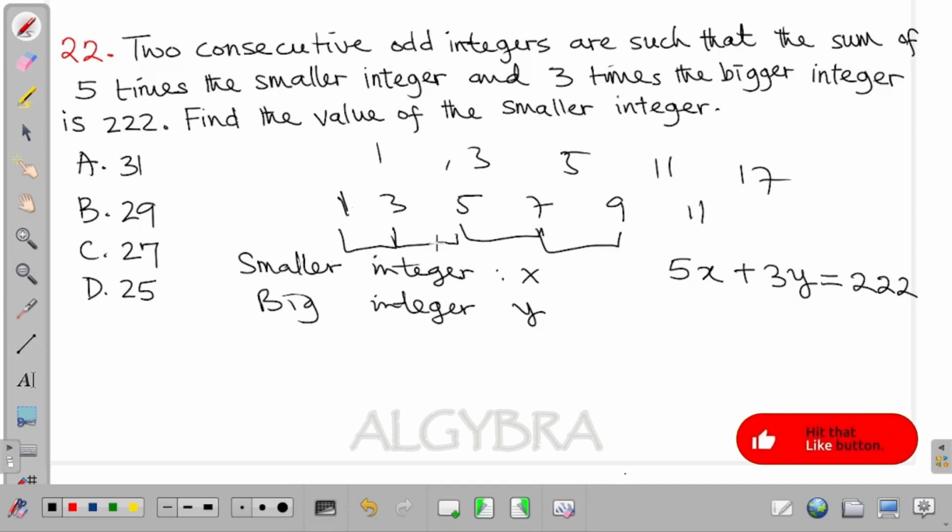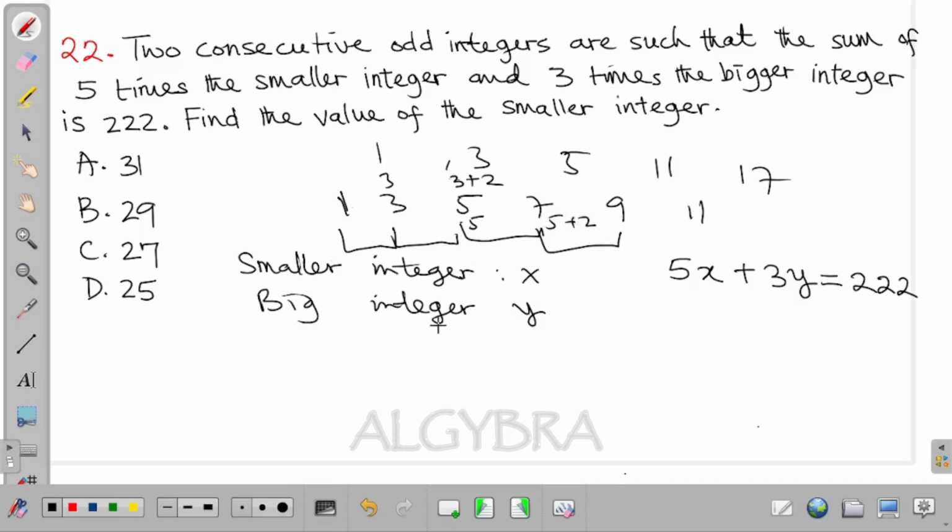Okay, now if we look at our integers, we're going to note something about them. Let's say this number is 3. The next number after 3, which is a consecutive number, is just 5, which is 3 plus 2. If the numbers are 5 and 7, the first number, which is the smaller integer, is 5, and the next number is 5 plus 2, which is 7.